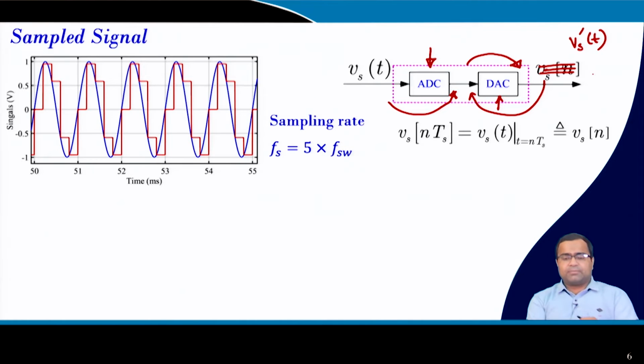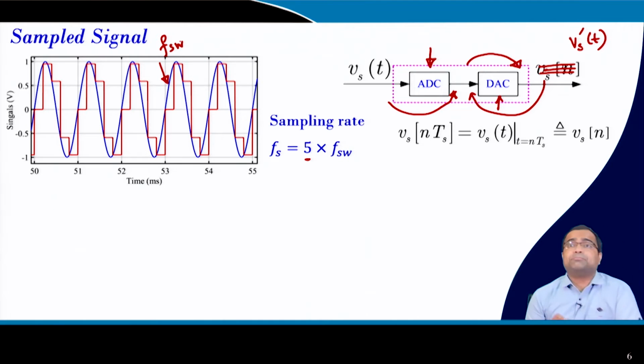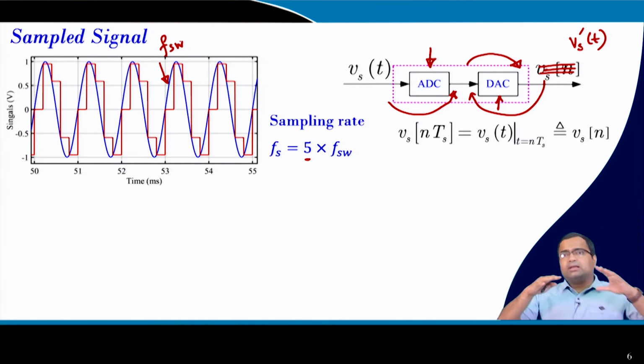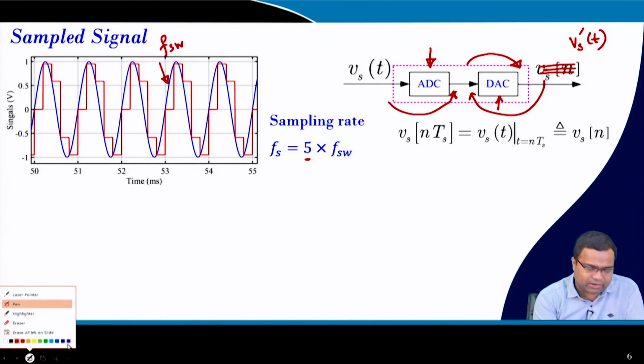So, here we are talking about sampling this signal at 5 times the periodicity. That means, we can think of the blue signal with frequency fsw, the frequency of the analog signal, and we have sampled it, which is shown here by the red one.